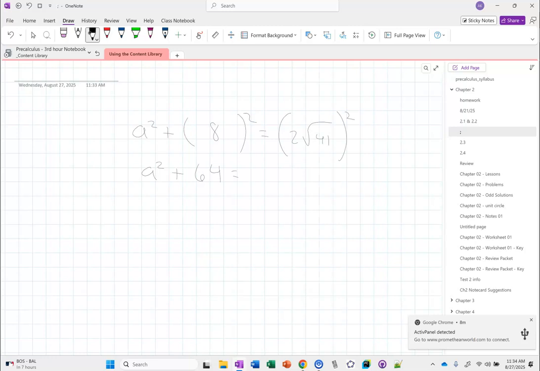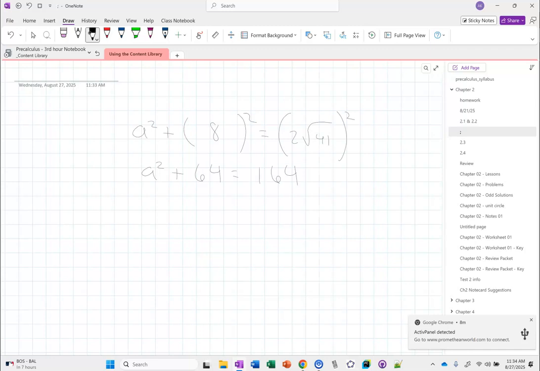Or what else could you do? Type it into the calculator exactly as it's written with the parentheses. You get the same result. I think it's 164. You can double check that for me if you like, but I'm pretty confident.